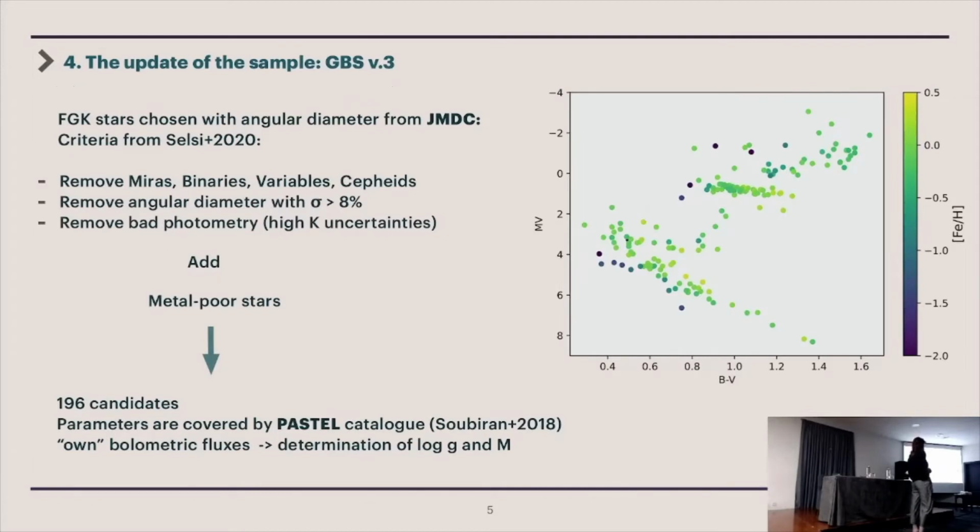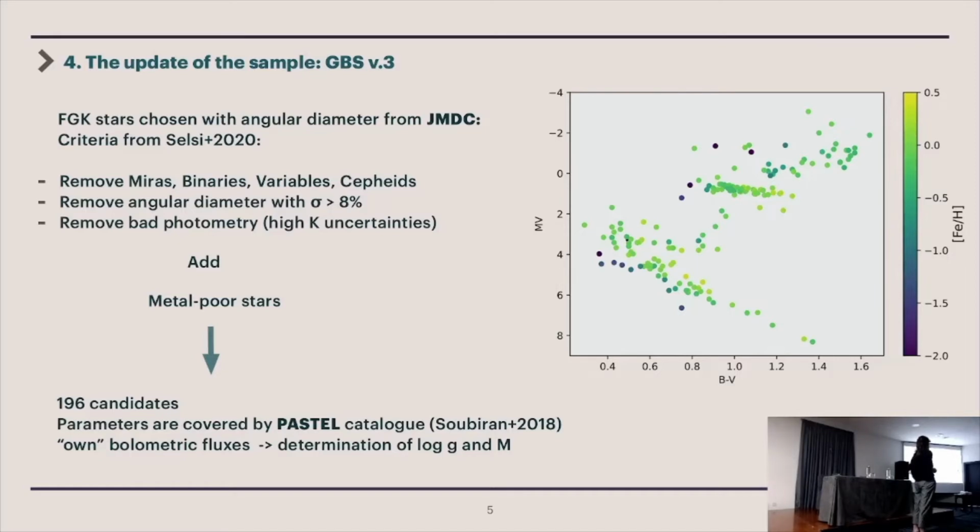Right now, we are working on the latest and most updated version of this catalog, which is composed of about 200 stars, to be precise 196. This last sample still takes some stars from the previous sample, but we have applied some criteria to clean it.